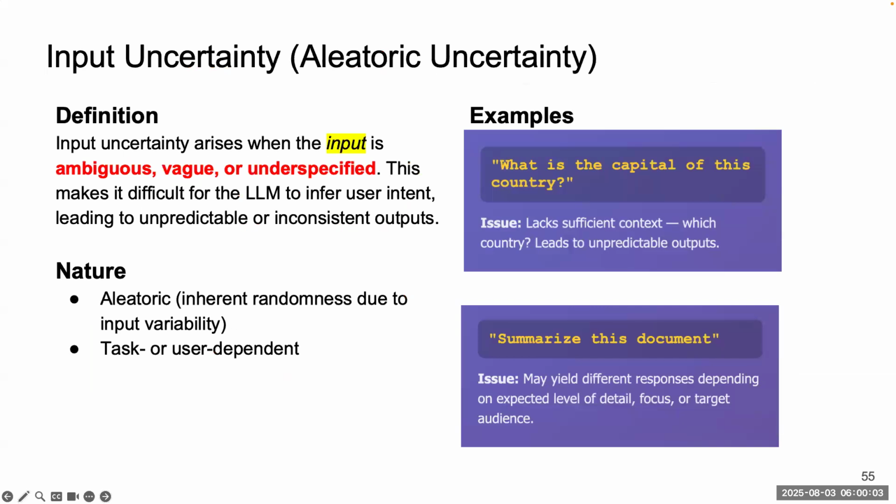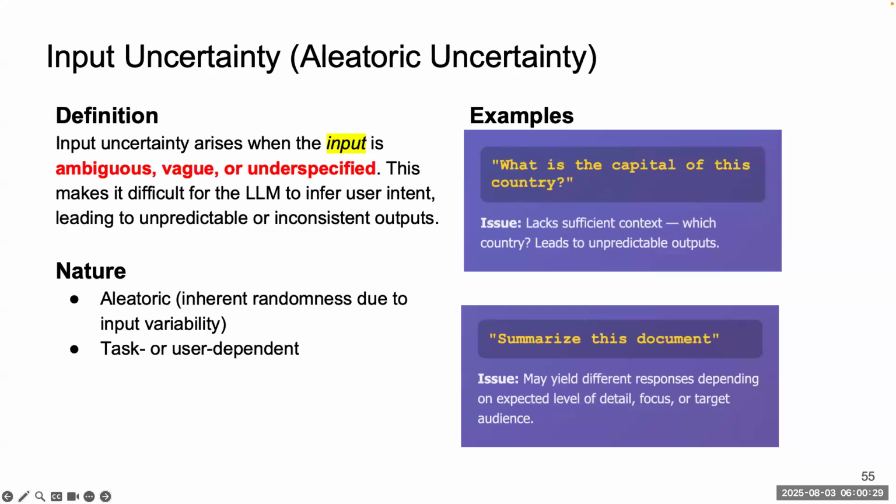When the input is ambiguous, vague, or underspecified, this kind of uncertainty is expected to be higher. Here is an example: if you ask what is the capital of this country, without any context about which country, this input uncertainty could be very high.